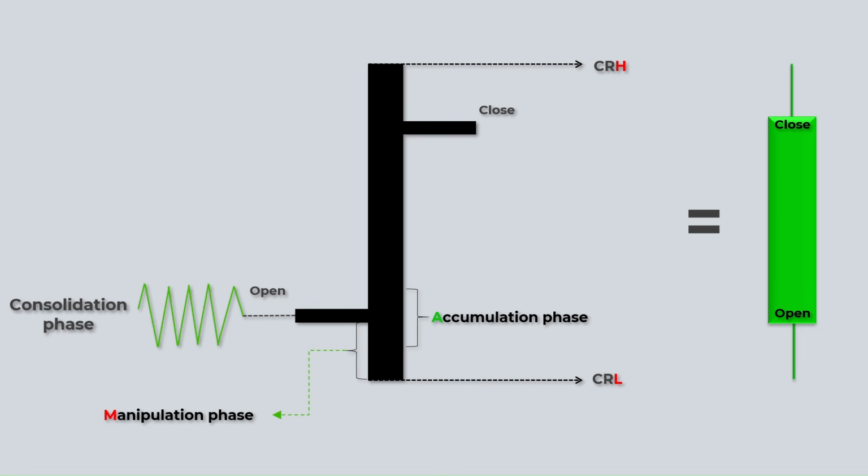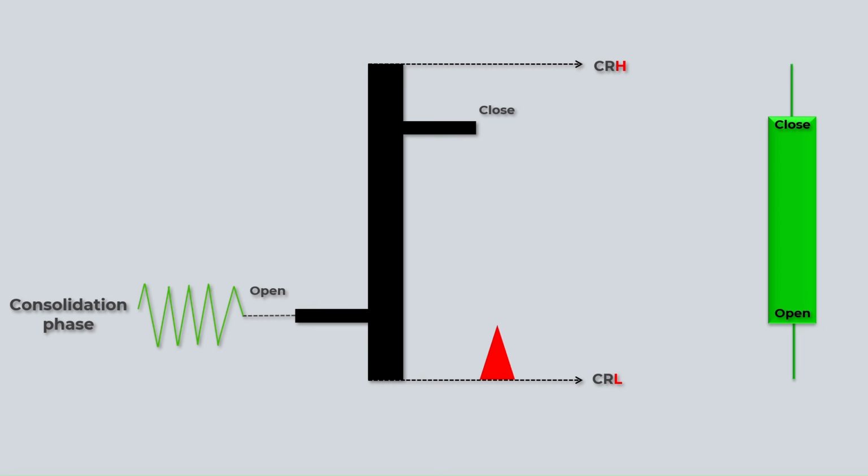The smart money takes advantage of this manipulation phase to accumulate long orders, while sellers are temporarily entering short and pushing the price lower. This is the critical area where smart money positions themselves for a bullish move. Now we can clearly identify the manipulation phase as the moment when the price runs below the opening level.